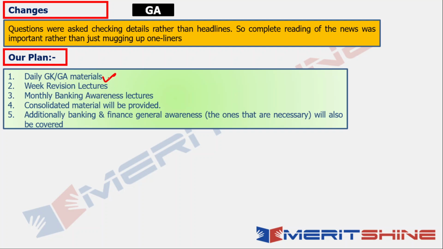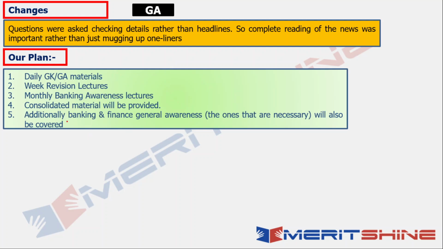You would be provided daily general knowledge or general awareness material, and based on them there would be weekly revision lectures. Then there would be monthly banking awareness lectures. Consolidated material would be provided so that all the things that you are learning, you can test yourself on and revise. That consolidation part would be done from our end, but obviously you'll have to study everything and make your own notes so that you remember them.